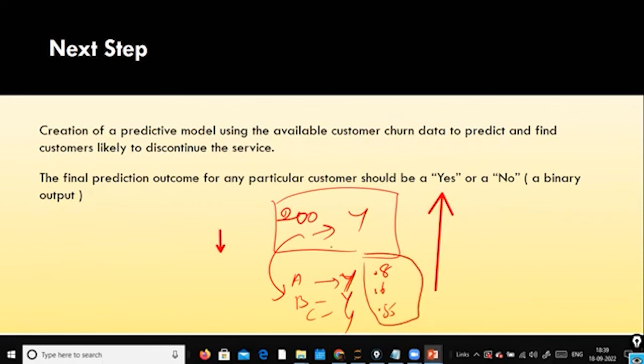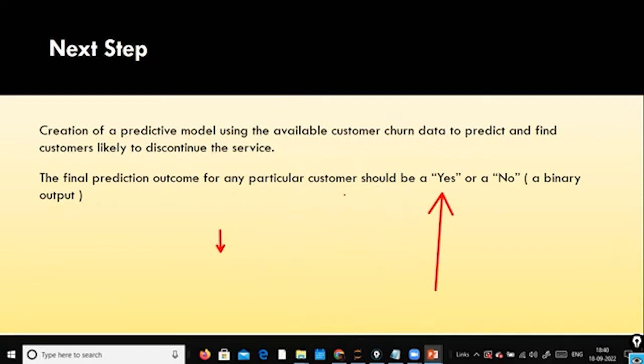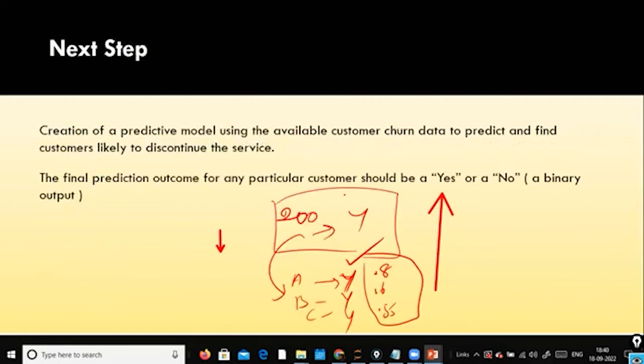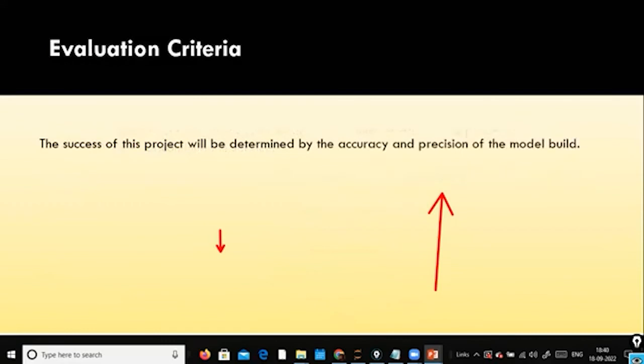Without this, how can you decide which of the 200 customers are at high risk? So you need the predicted probability assigned along with the predicted class label. We will take a look at how to go about building the model now. This is the end objective: predict the class label for customers likely to leave, and assign the probability.